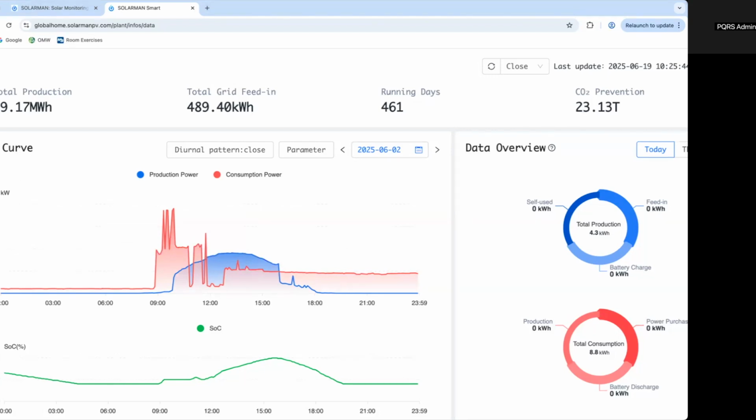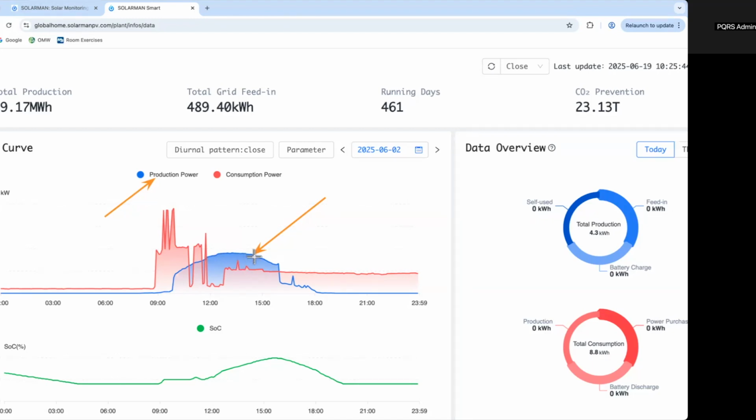Let's just draw a line. What I want to show is over there, the blue represents our power that's being produced by solar, and the red represents our load.